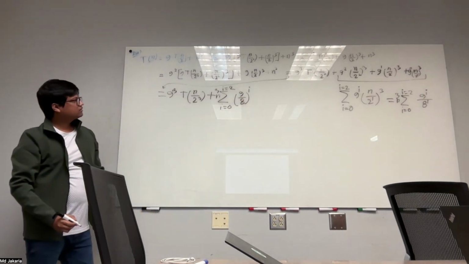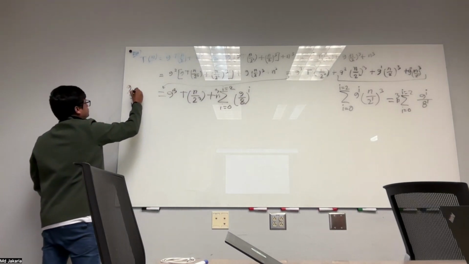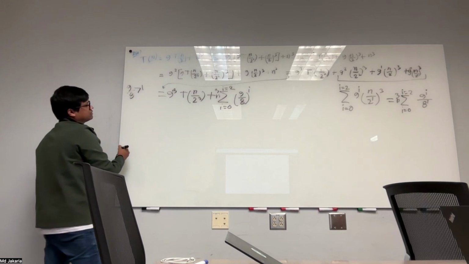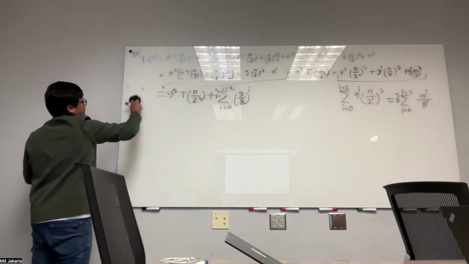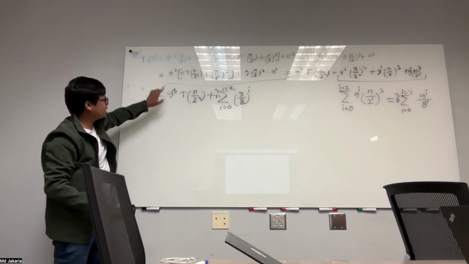Right? And since 9 by 8 is greater than 1, we may fit this into some formula. Let's see. So we expanded this function twice.